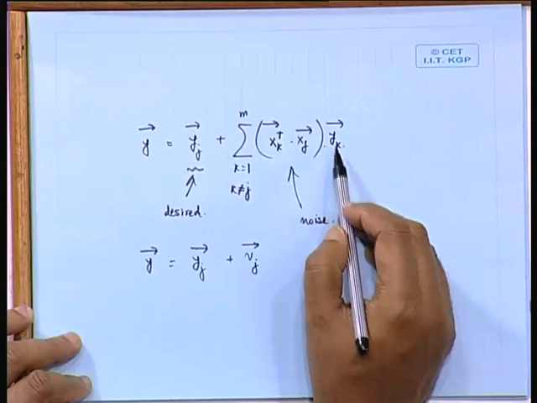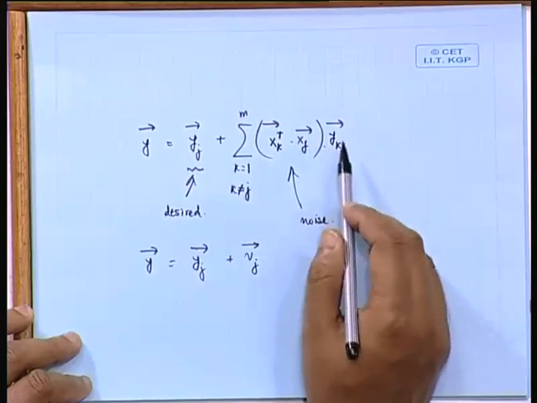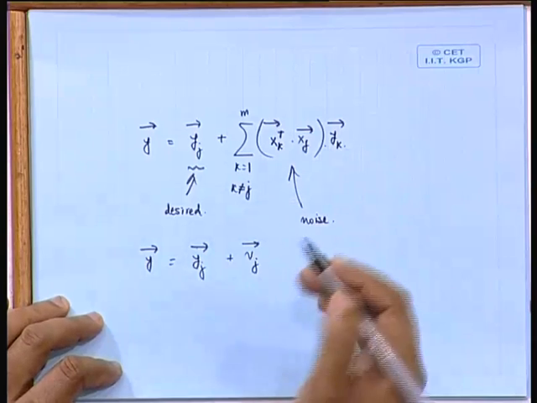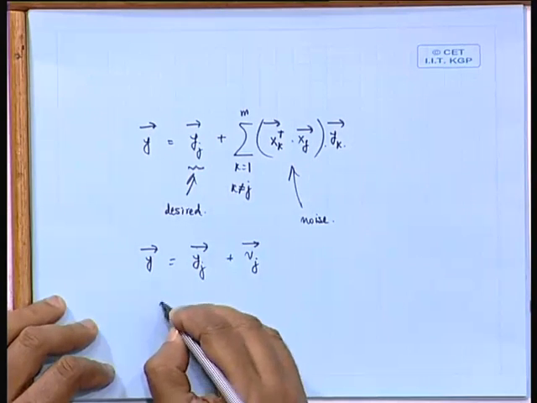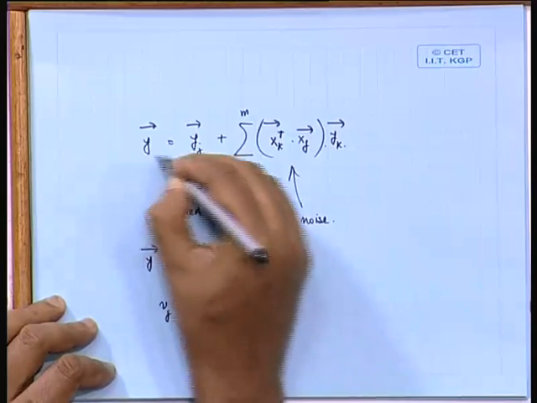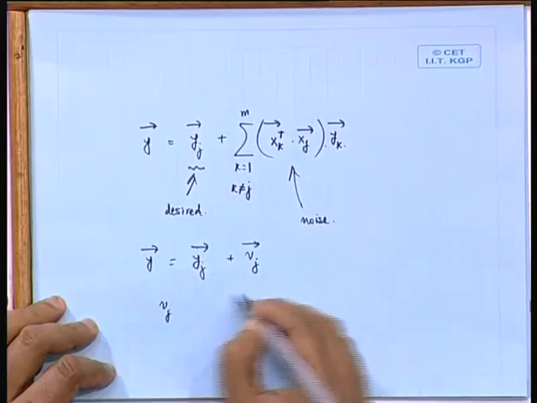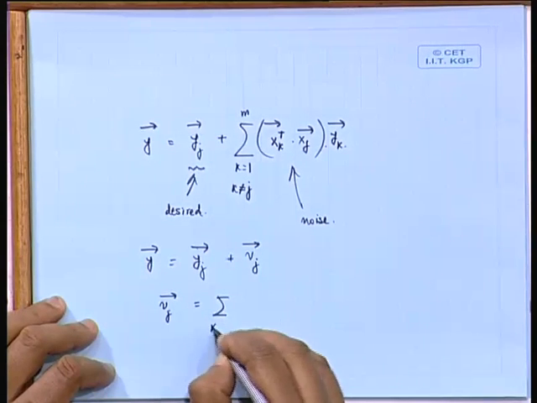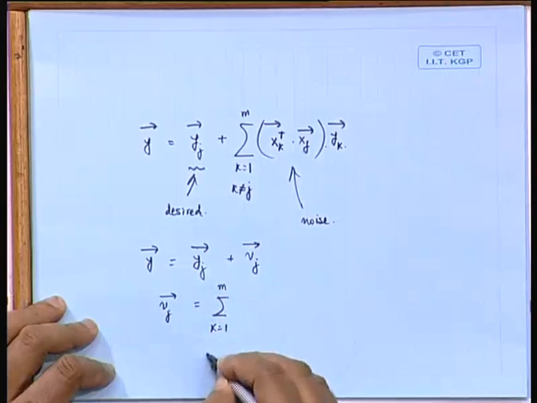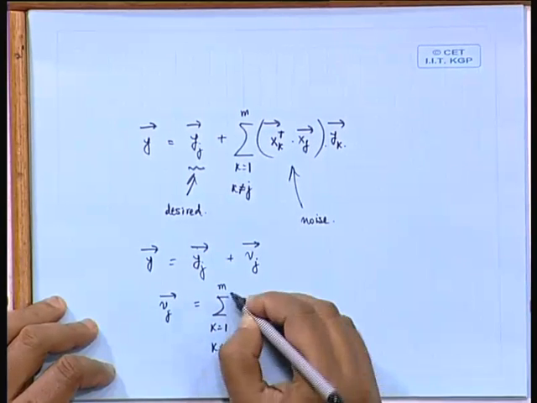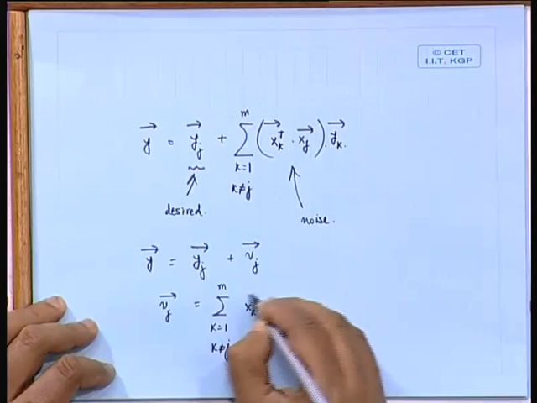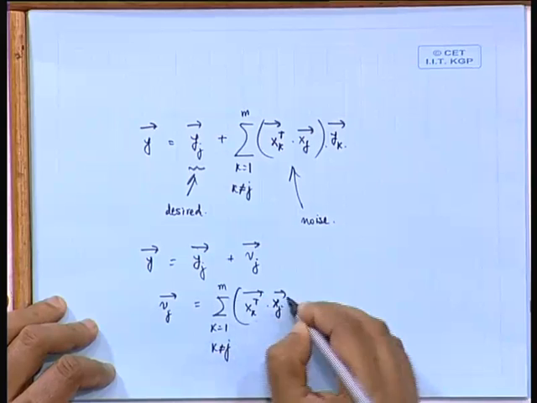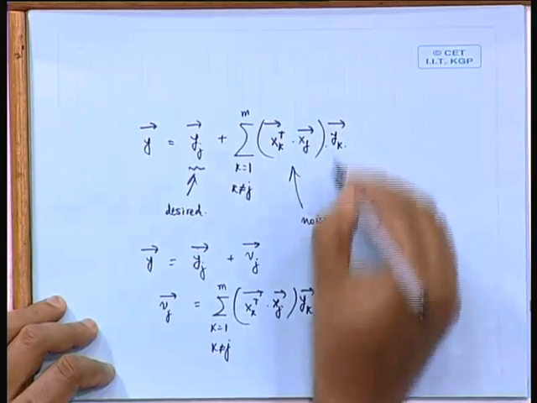Okay. So, in other words, this becomes an addition of vector. So, it is a vector. So, again, m dimensional vector this one will be. So, here if we write this expression as yj plus vj vector, then vj vector, which is nothing but the noise vector, will be summation k equal to 1 to m, k not equal to j, xk transpose vector xj vector, okay, times yk, that is to say this term.